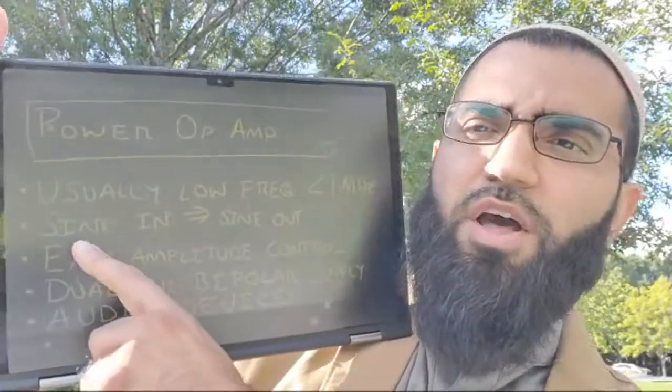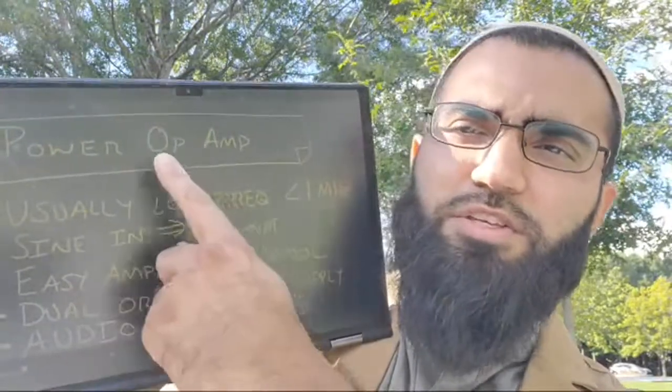If you want to go higher than that frequency, you're either going to have to look at a different topology such as the oscillator or half bridge driver, or you may have to design your own amplifier using certain components such as a BJT or a MOSFET to implement your amplifier from bare bones components versus buying an amplifier off the shelf, which is typically represented as the op amp, as the amplifier.